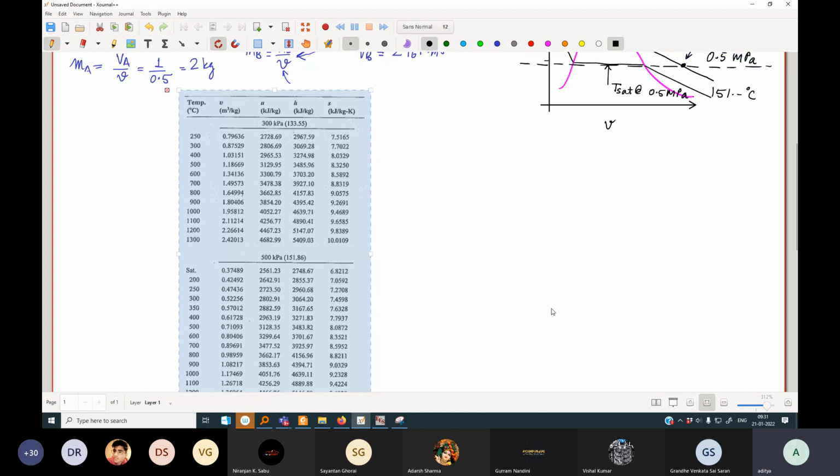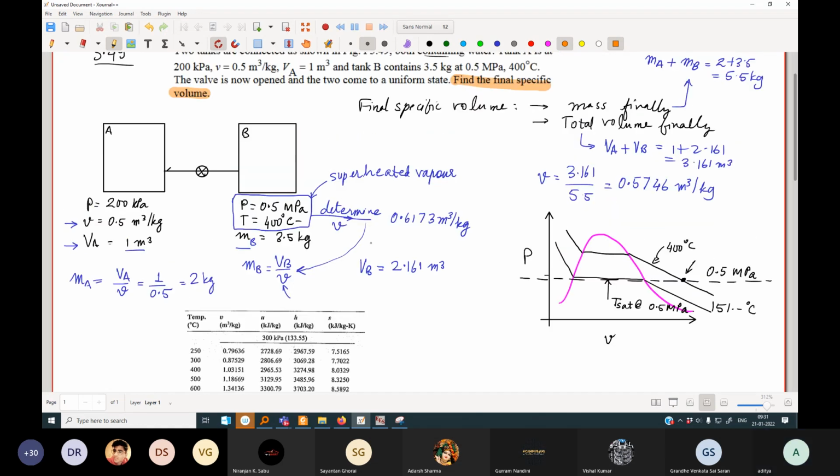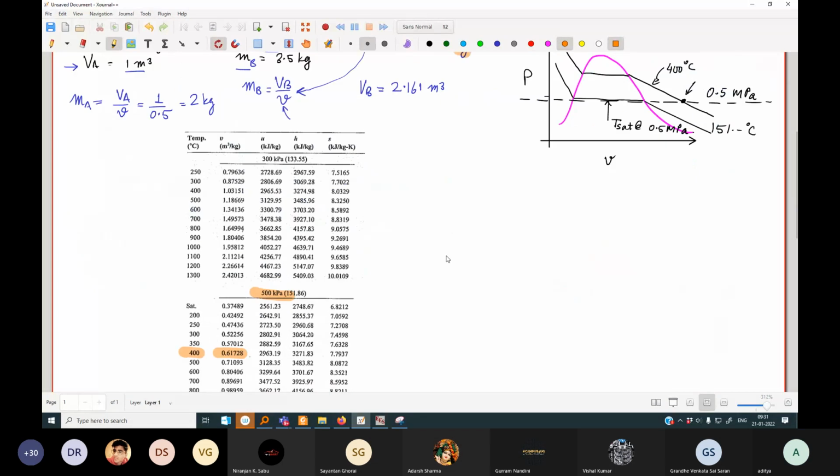At 500 kilopascal, 400 degrees Celsius, the specific volume is 0.61728, and we had obtained from the computer 0.6173. Not bad.